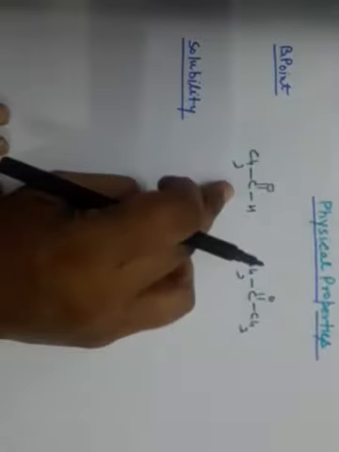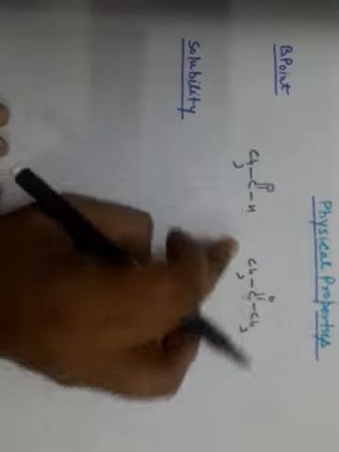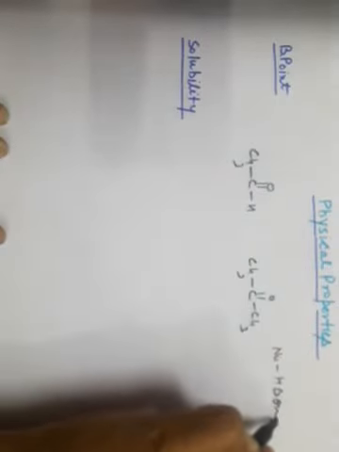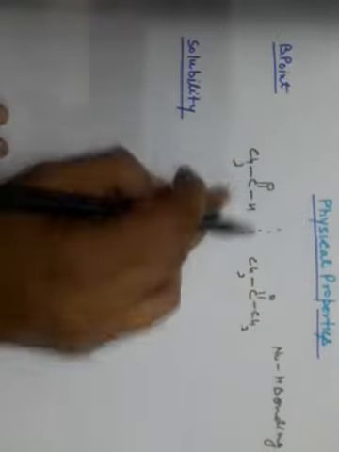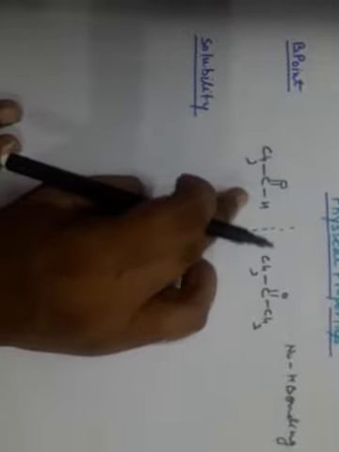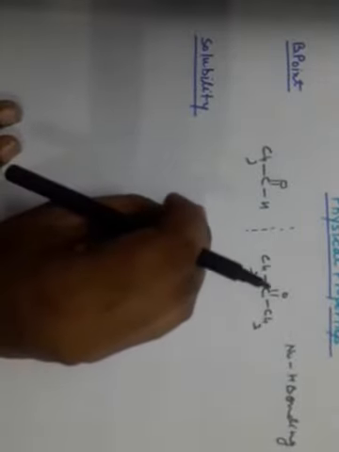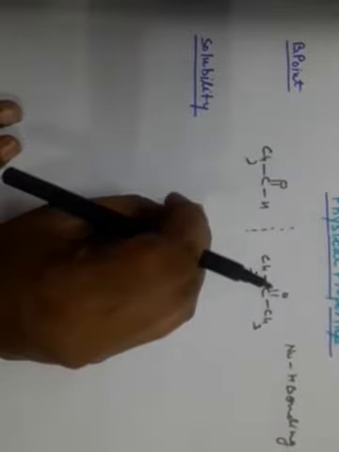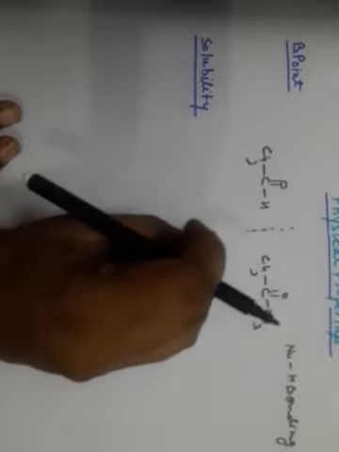In both cases, only dipole-dipole interaction is present. No H bonding is present. Due to this dipole-dipole interaction within these molecules, they have a boiling point greater than ethers and greater than hydrocarbons, but less than alcohols.